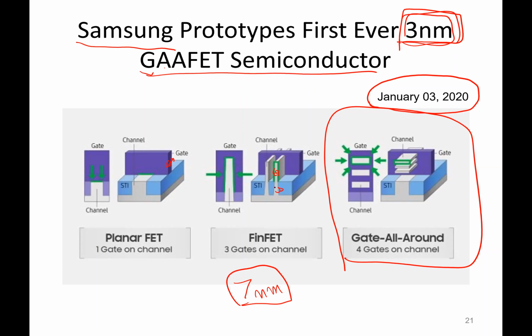Making this 3 nanometer, they can produce double the number of transistors on the same wafer. So that means they can cut the price even down to half. Actually making the transistor small is the best way to win the market.